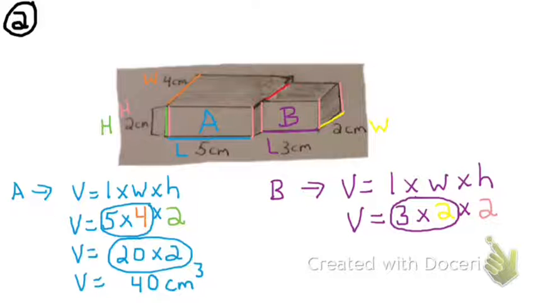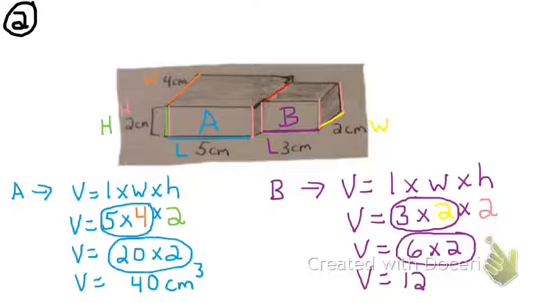I'll put the 2 underneath. So I'll multiply my 3 times 2, which equals 6. So my volume is going to equal 6 times that leftover 2, and 6 times 2 equals 12. So the volume equals 12. Again, my unit is centimeters, and it's volume, so it's cubed.